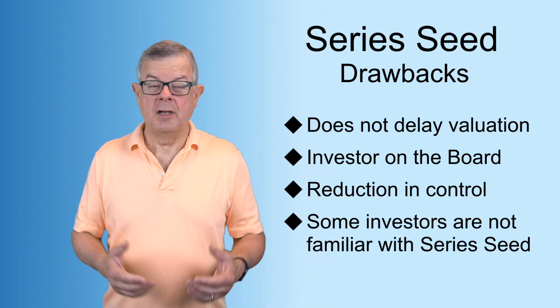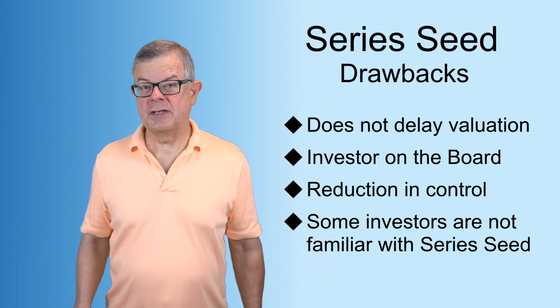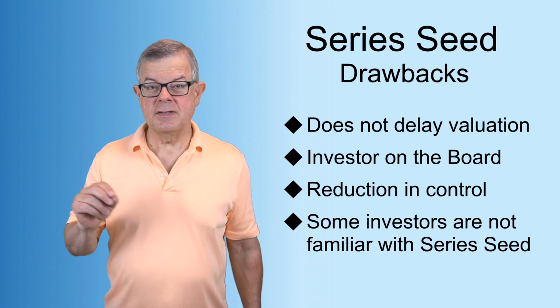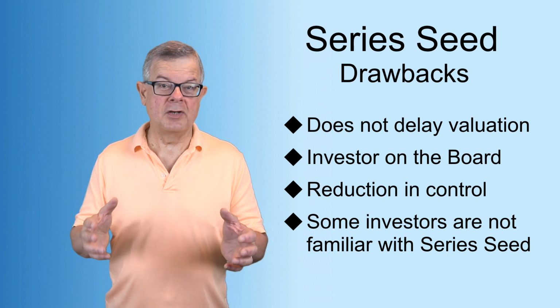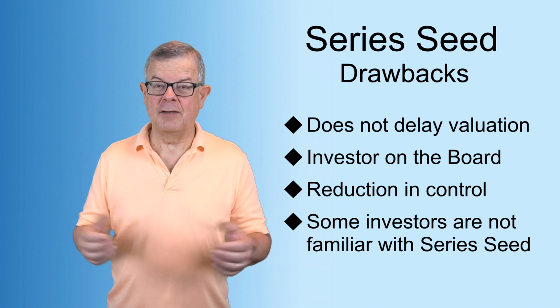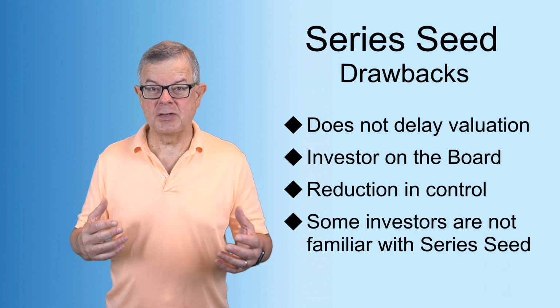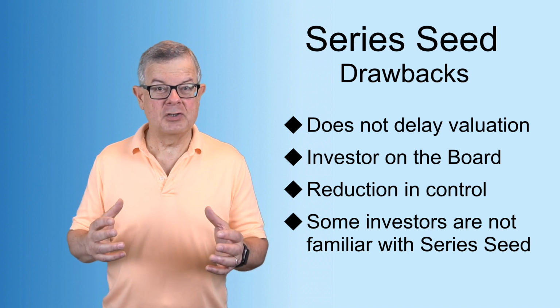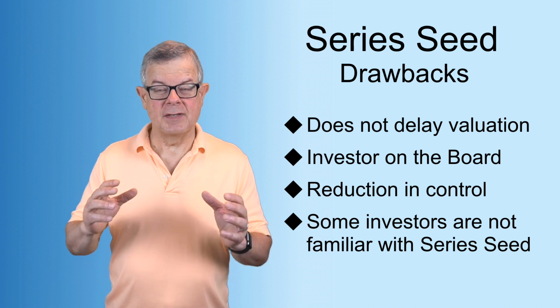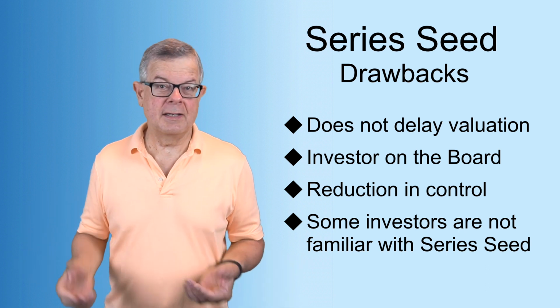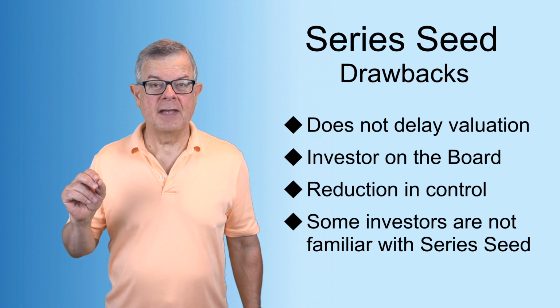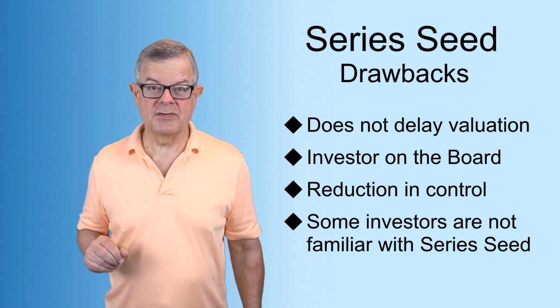Some of the drawbacks? Well, unlike a convertible security, the Series Seed does not delay the valuation. You're doing a valuation right up front. And a valuation in an early stage company is kind of a tricky thing to do. So there's an advantage in delaying that, and the company will be worth more. It'll get a higher valuation. So that's certainly a drawback of doing a Series Seed.